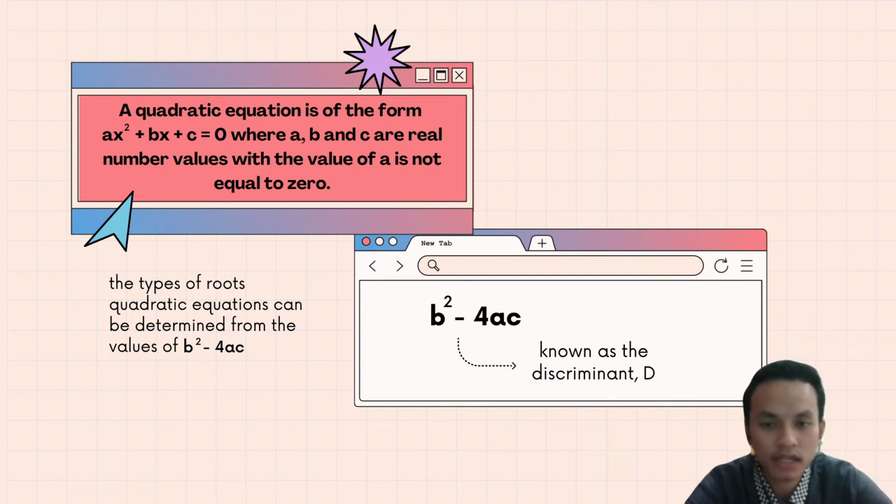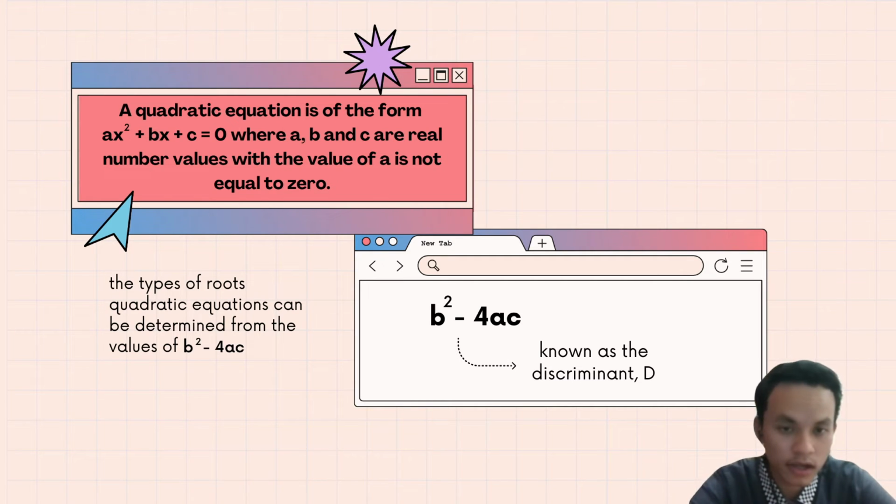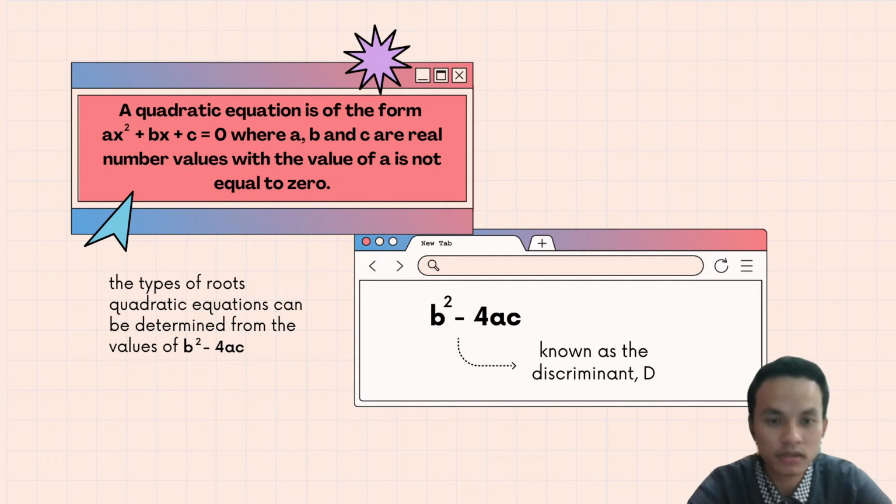Natures of roots specifies that the equation has real roots, irrational roots, or imaginary roots. Imaginary roots are also known as unreal roots. The types of roots of quadratic equations can be determined from the value of b squared minus 4ac.